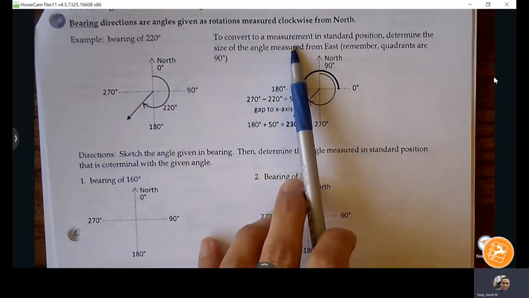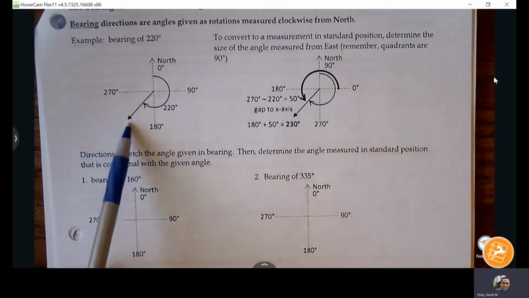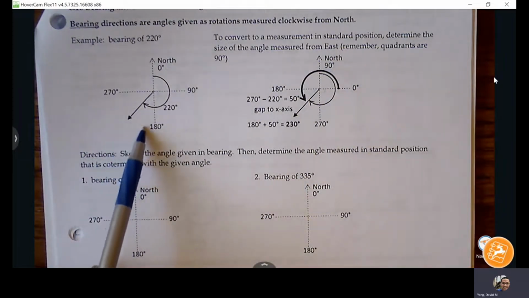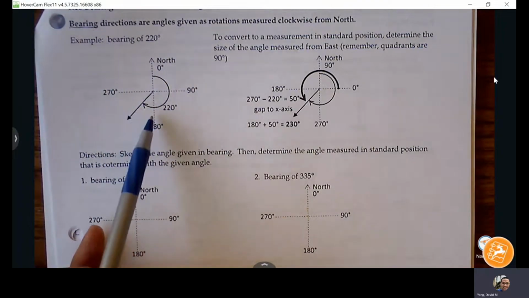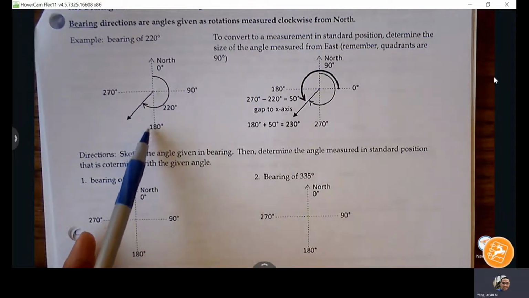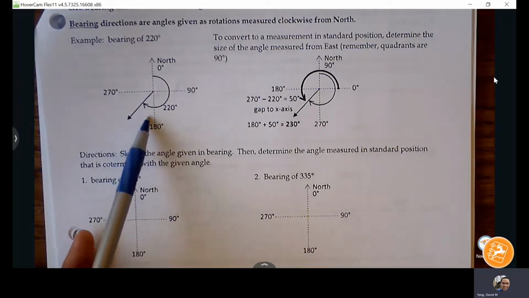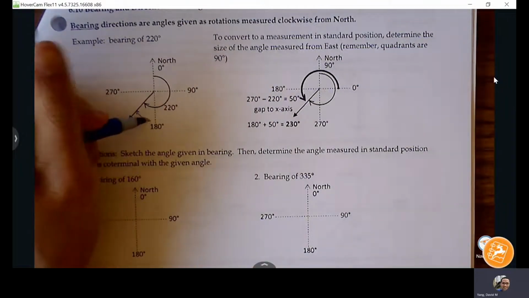But then to convert to a measurement in standard position, we have to figure out where this is in terms of between 0 and 360, counting from 0. So what we can do is, well, we know that this is really 270, right? First up, we know that the difference between 220 and 180 is just going to be 50 degrees, right? There's a 50-degree difference here.